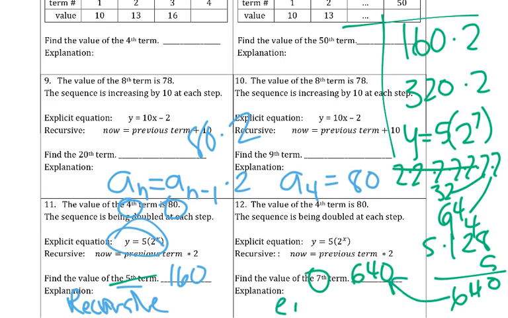So in this one I think either works, because it's not too far away, so using the pattern isn't too bad, as well as using the explicit equation. Okay, so the main idea here is that if you have a term that's a long ways away, and you don't have any of the previous terms, the explicit is typically your better bet. But if you have just a few terms close together and you know some of the previous ones, recursive can be really easy too. Alright, there we go.